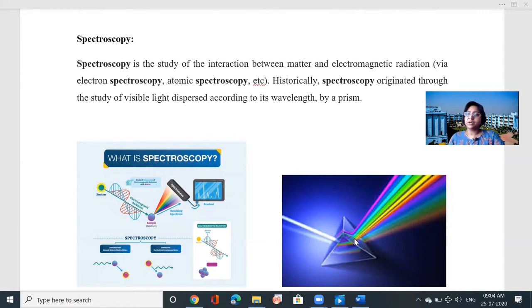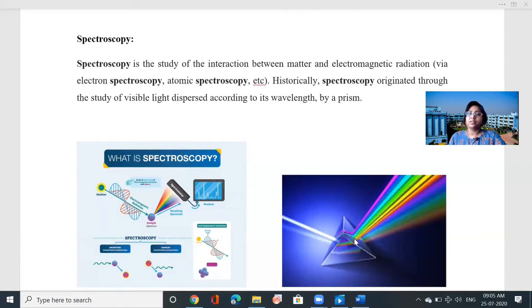This material, the flower, absorbs all the radiation except red. It reflects back the red, this specific radiation. That is why we see the color. In this way, spectroscopy is the interaction between electromagnetic radiation and materials.